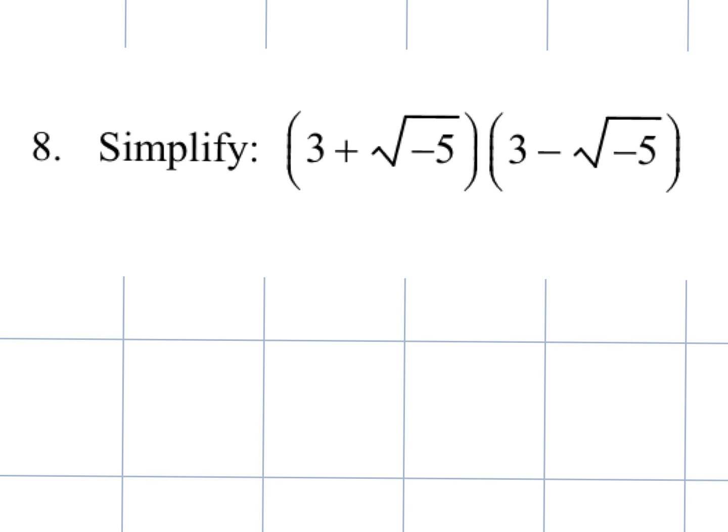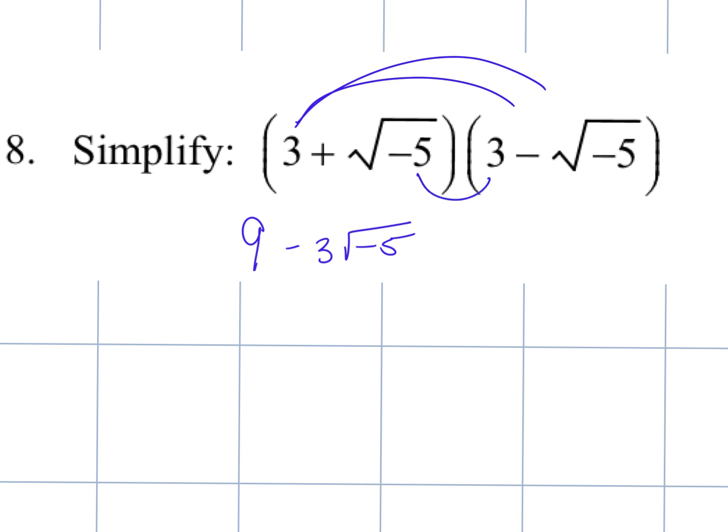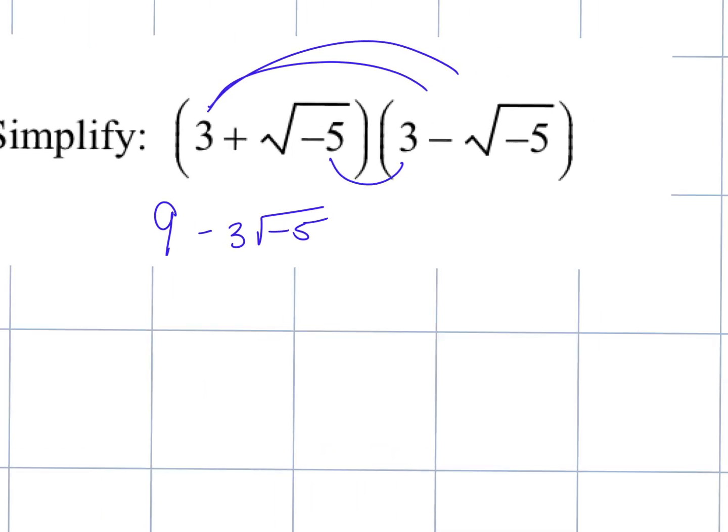Okay, come to this problem. Again, it says simplify. It's two binomials that are stuck next to each other. That means we're going to multiply. So 3 times 3 is 9. 3 times negative square root of negative 5 is minus 3 square root negative 5. Positive square root of negative 5 times 3 is plus 3 square root of negative 5.